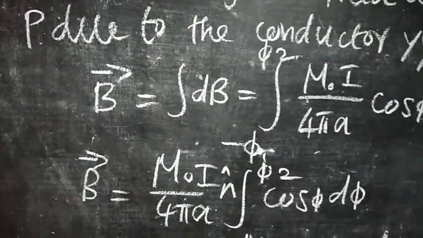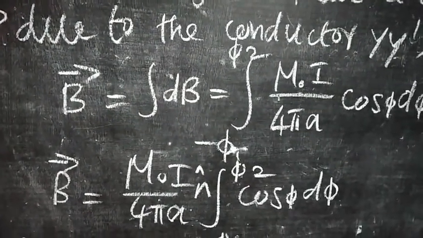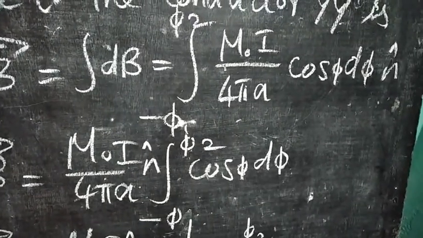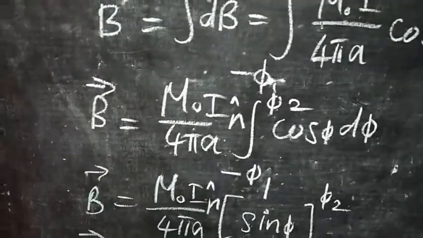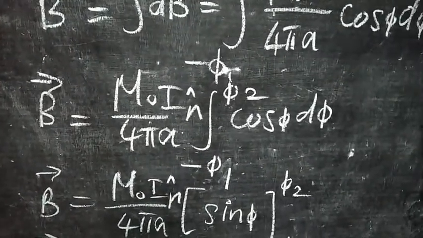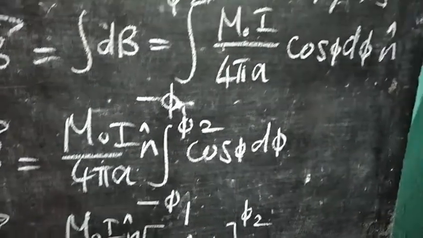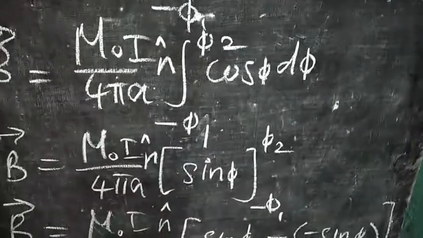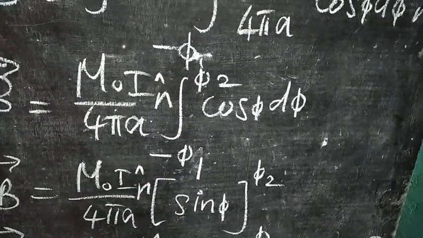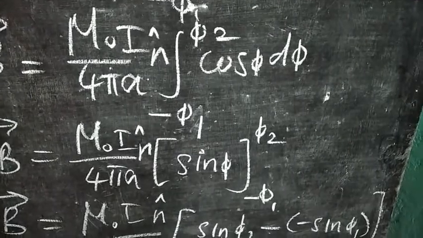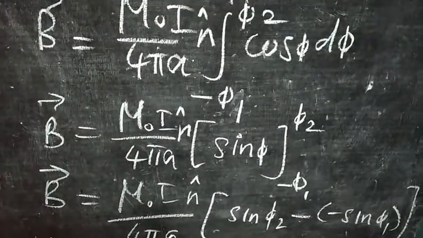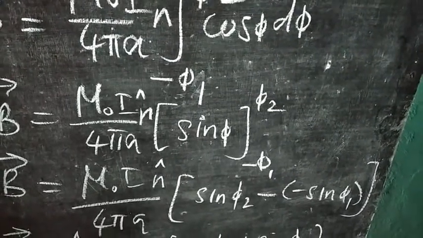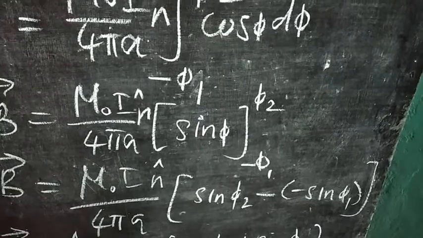So B vector equals mu naught I n cap by 4 pi a, integration from minus phi 1 to phi 2 of cos phi d phi. The integral of cos phi d phi is sin phi, from minus phi 1 to phi 2. Then B vector equals mu naught I by 4 pi a, n cap, substituting upper limit minus lower limit.